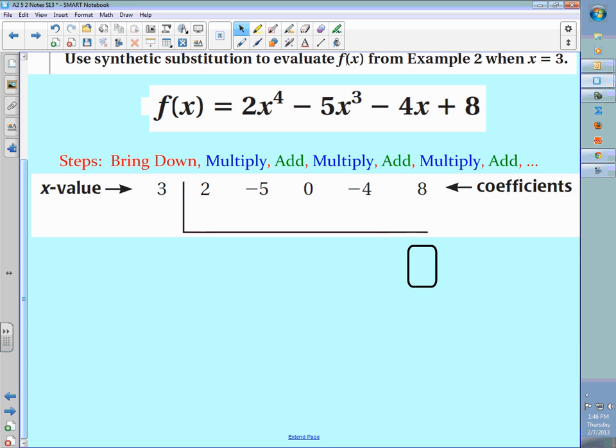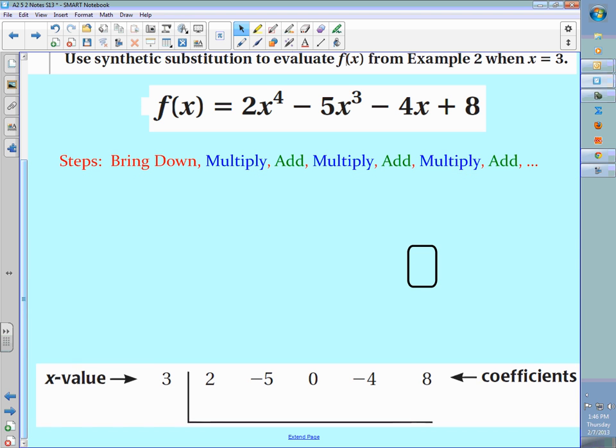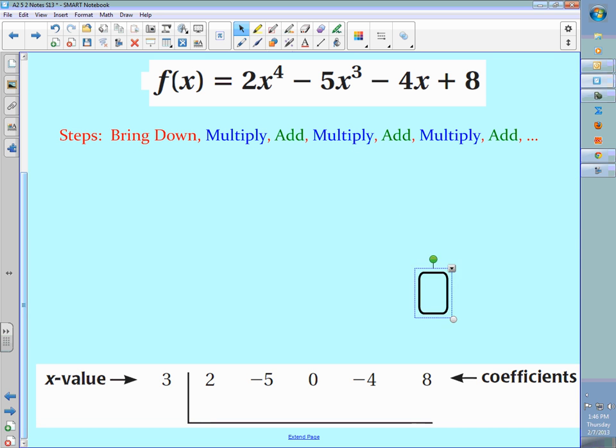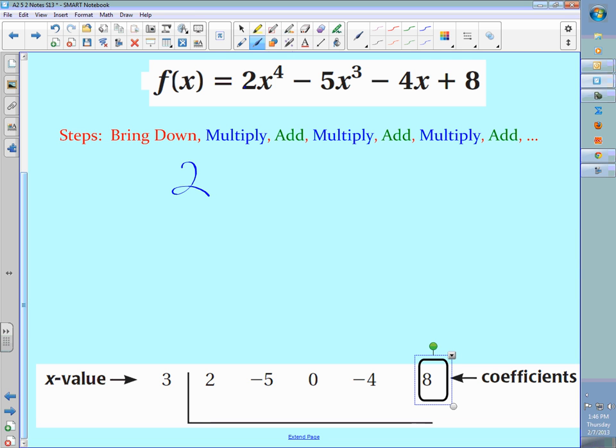What you're going to do is take your polynomial in standard form. It must be in standard form. And you're going to write down every coefficient and constant of every variable. So when I look at this, I'm going to have a 2. I'm going to have a -5.